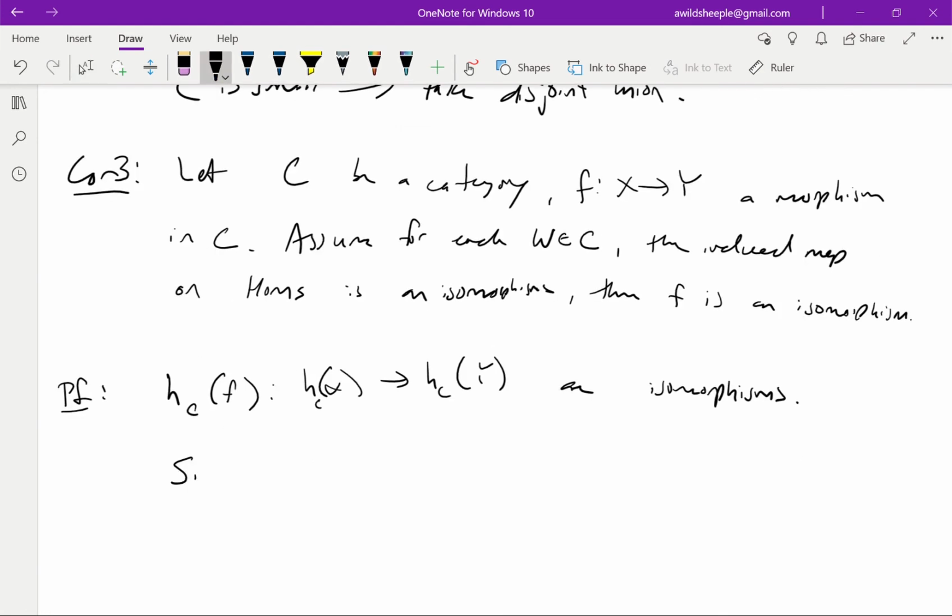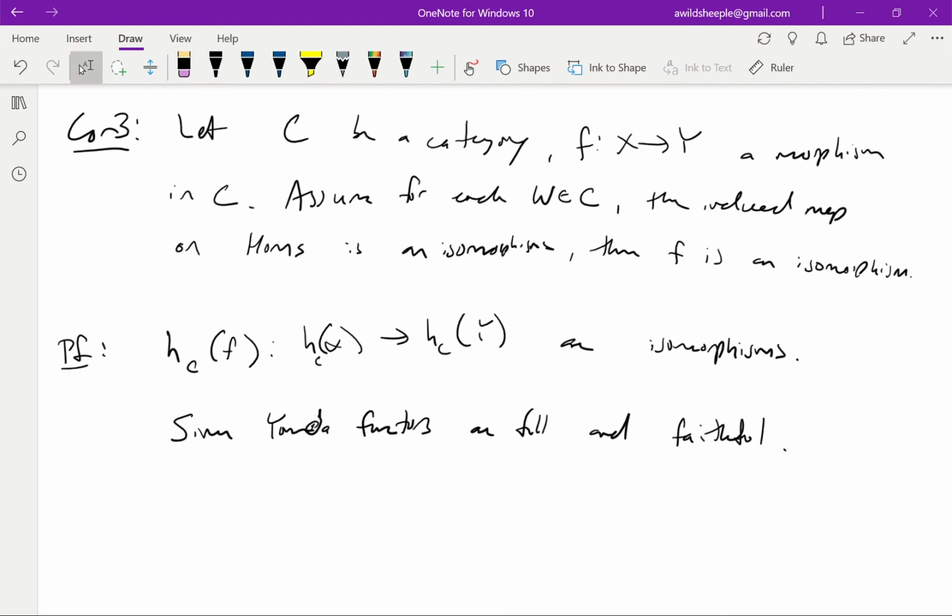And since the Yoneda functors are full and faithful, well, maybe you guys even know how to finish the proof. These inverses have to have lifts. Well, since they're full, they have lifts. And since they're faithful, they lift to the desired inverses. Lift, maybe I'll say lift uniquely. And that completes our proof.